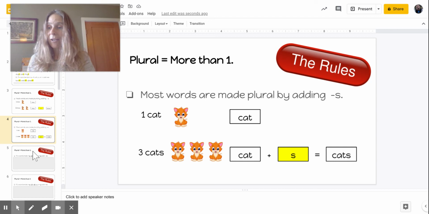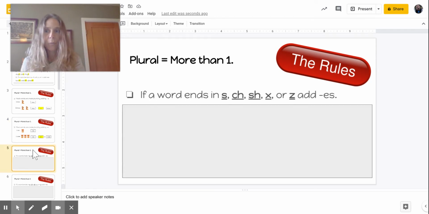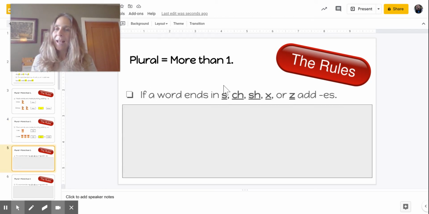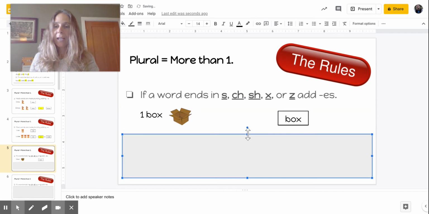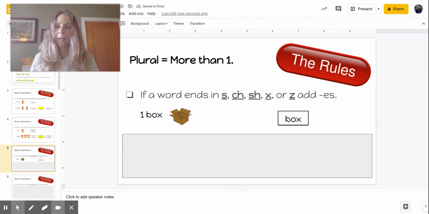So now let's take another one. Here's our rule. If a word ends in S, CH, SH, X, or Z, add ES. So now, remember, here's our ES suffix. Let's practice this. Our word is box. I have one box. Now let's look.